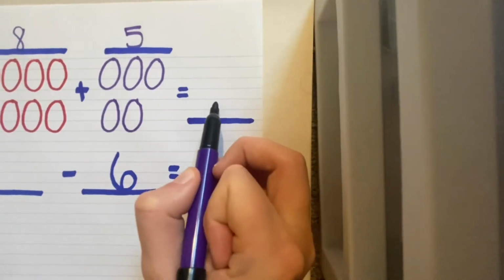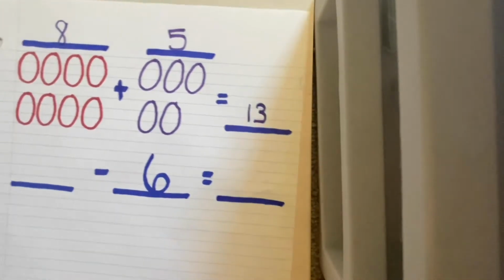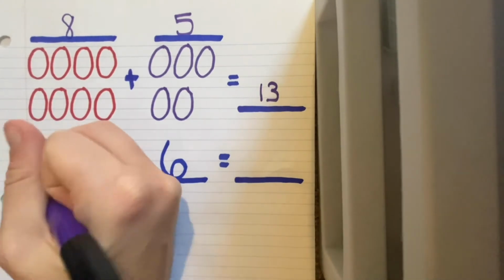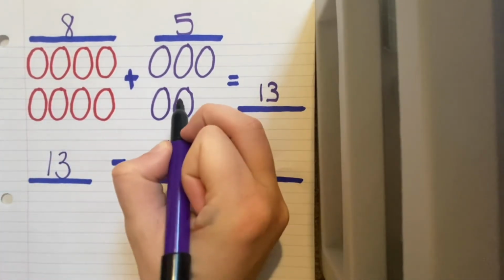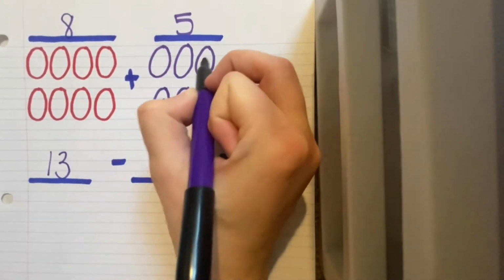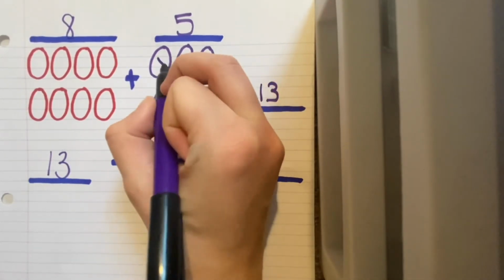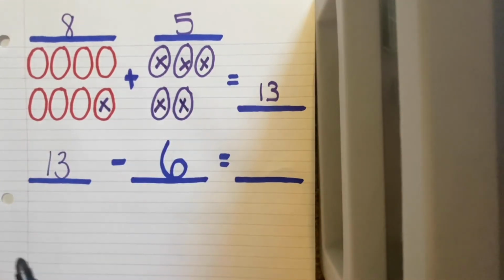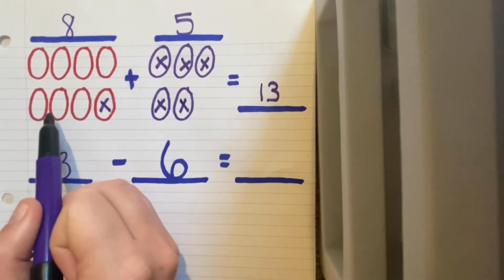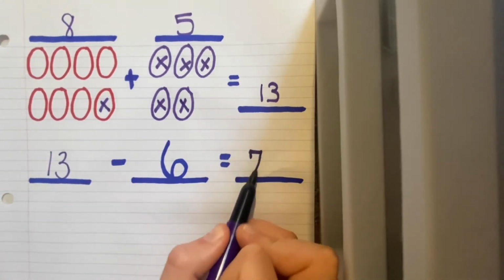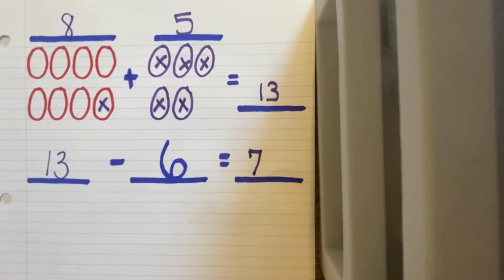We have 13 circles. If we take 13, subtract 6 from it, so let's take away 6. 1, 2, 3, 4, 5, 6. How many do we have left? We have 1, 2, 3, 4, 5, 6, 7. 13 minus 6 equals 7.